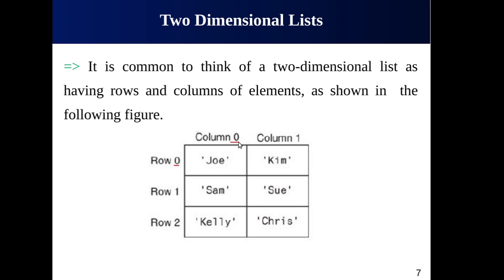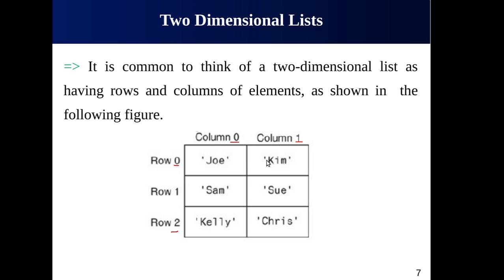So this figure shows a two-dimensional list of the above example. Notice that the rows and columns are numbered from 0, and the final number is 2 in the case of rows and 1 in the case of columns. There is a total of 6 elements in this list. From here we can say that it is a useful way to work with sets of data.